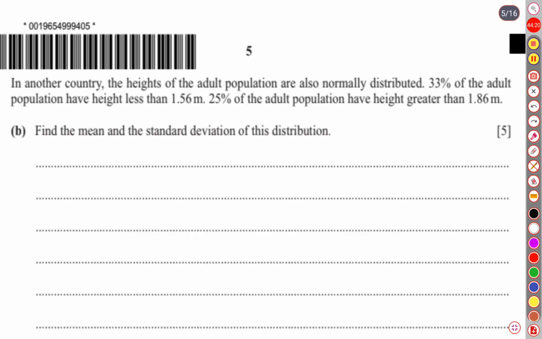We are asked to find the mean as well as the standard deviation, and none of these two parameters is given. Well, let's start our writing. Where should I start?